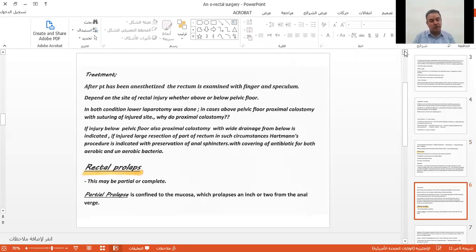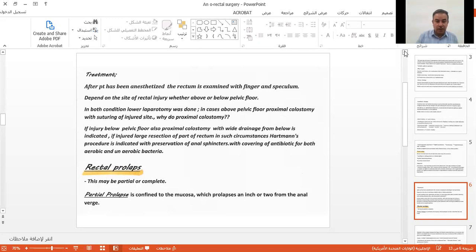Management of rectal injuries: after the patient has been anesthetized, the rectum is examined with the finger and speculum, depending on the site of rectal injury, whether above or below the pelvic floor. In both conditions, lower laparotomy is done.